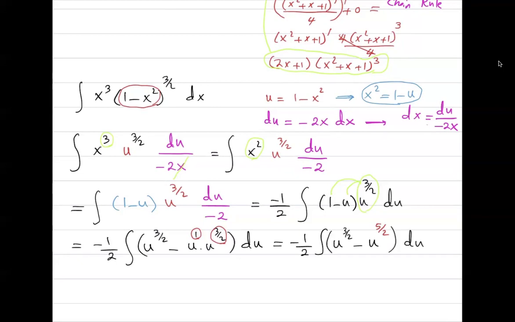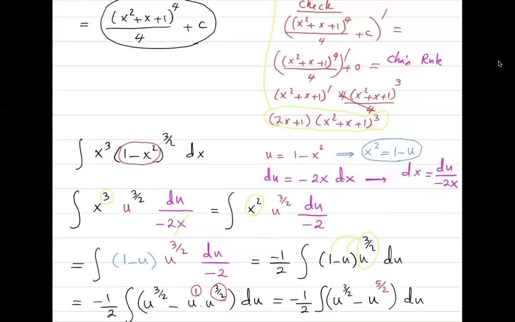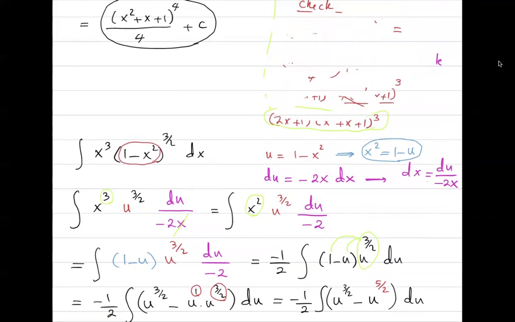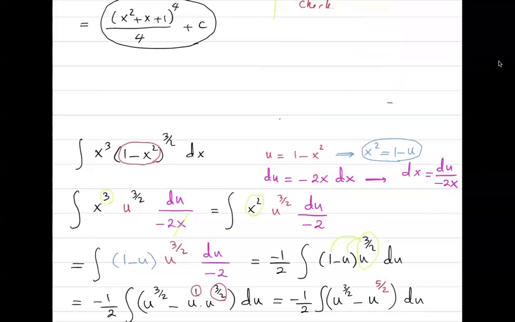This is a familiar integral. We saw this integral before. Let me erase this part of the board, so I can move it up a little bit and show you the next step in the process.